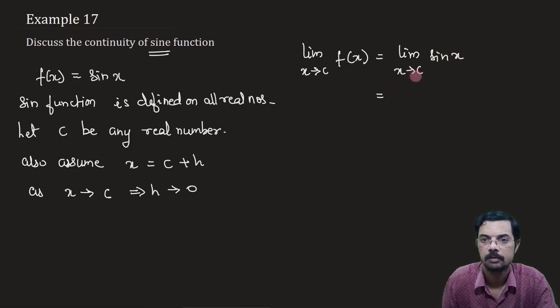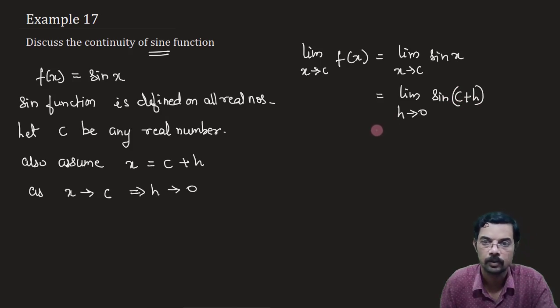This can be replaced by limit, where x will be replaced by c plus h. As x tends to c, h tends to 0, so x will become c plus h. Sine of c plus h. I have made the assumption and changed the supposition.